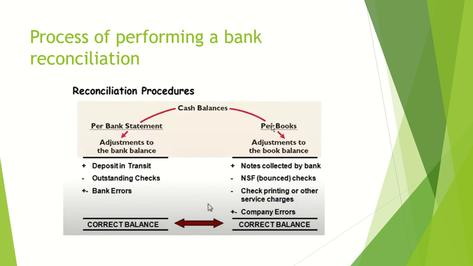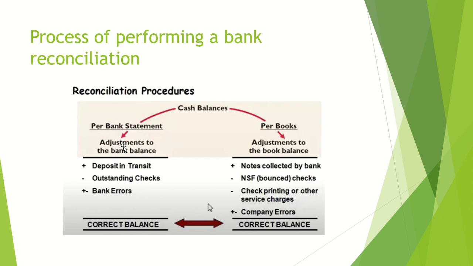Now we go over to the book balance here on the book side. On the book side, there are a few things that occur that are already shown on the bank statement, but not on the book side. The first thing here is an addition of the notes collected by the bank. Any notes collected by the bank or any interest income shown on the bank statement are usually shown at the end of the period.